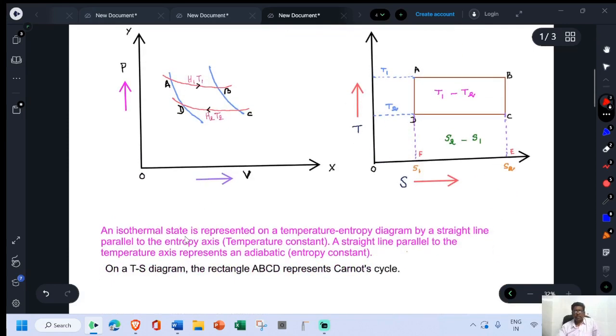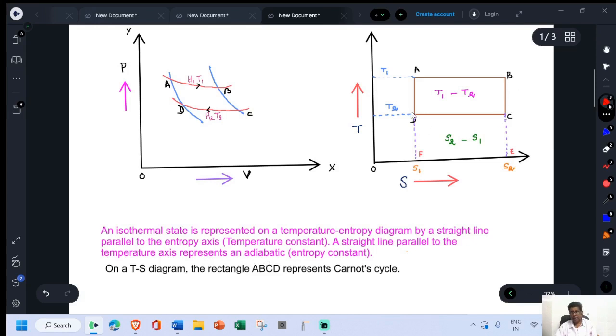An isothermal state is represented on a temperature entropy diagram by a straight line parallel to the entropy axis. This is isothermal state which is parallel to the entropy axis, which means that the temperature is a constant. A straight line parallel to the temperature axis, y-axis is the temperature axis, represents an adiabatic.